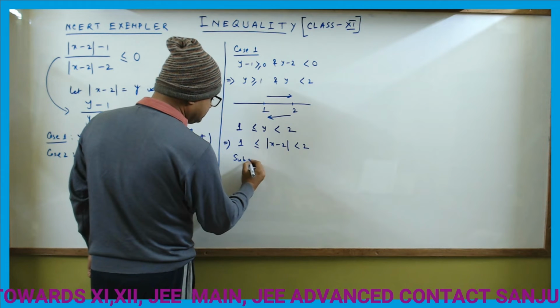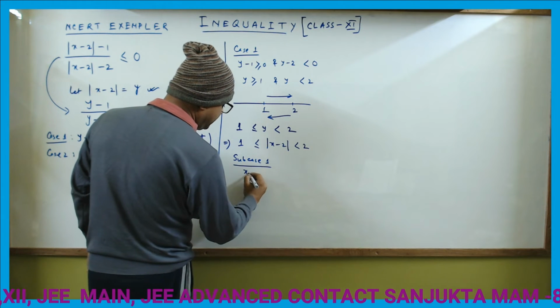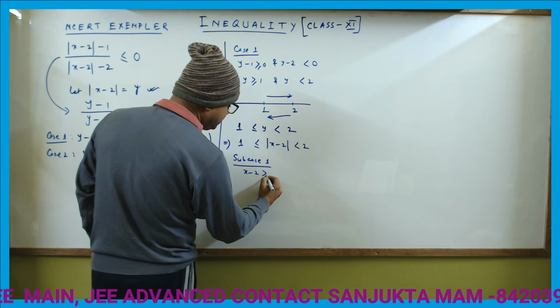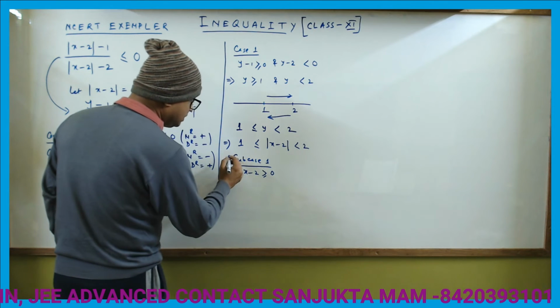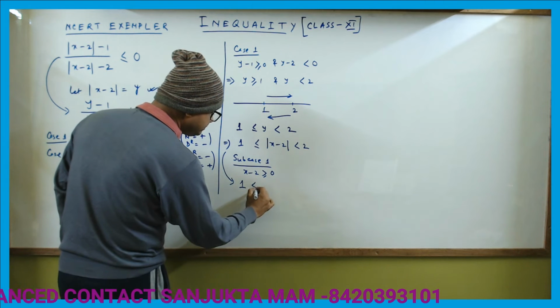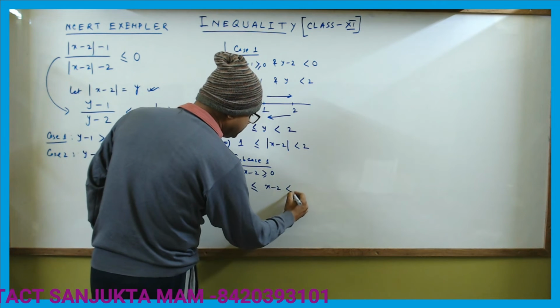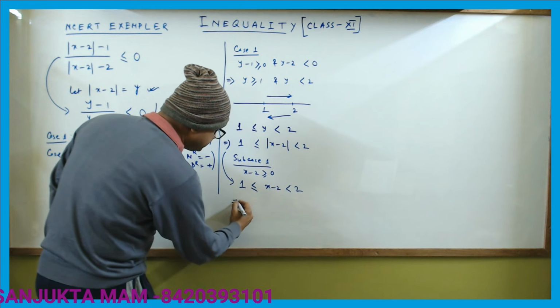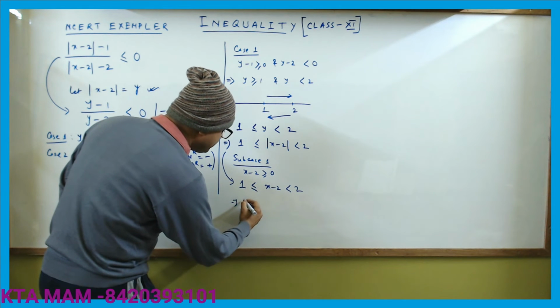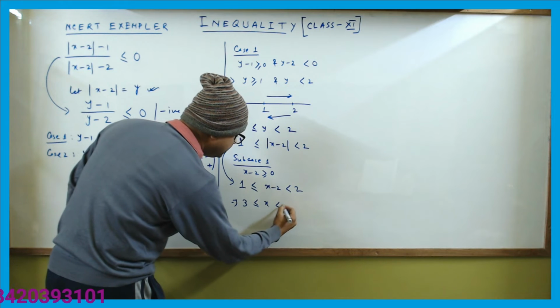Subcase 1, when x minus 2 greater equal to 0, it reduces to 1 less equal to x minus 2 less than 2. That is, 3 less equal to x less than 4.